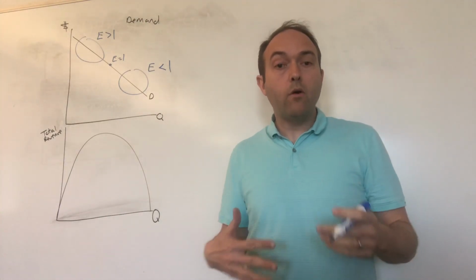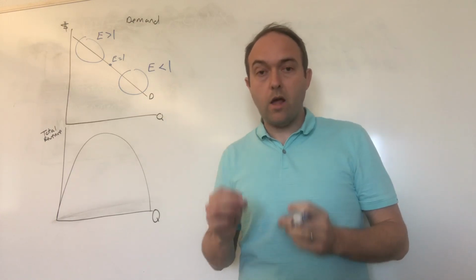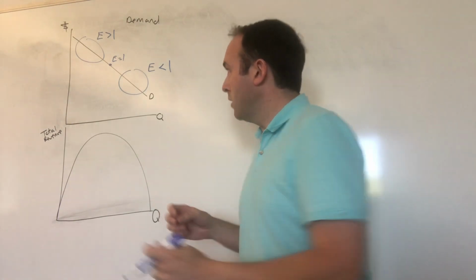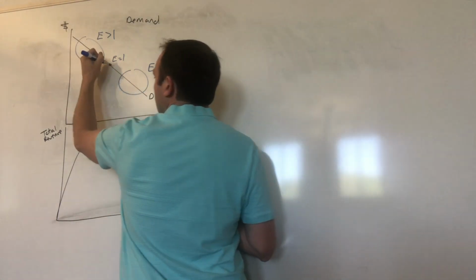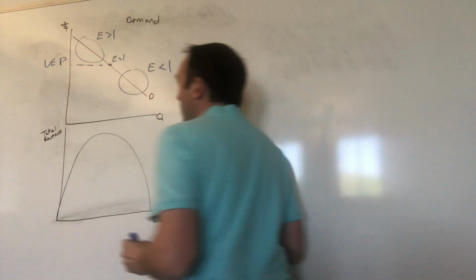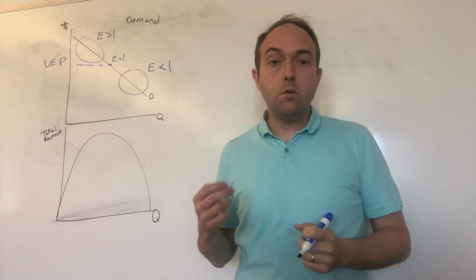So here's how a business would use that. If a business can identify the point on that demand function where E equals 1, you get two values. First, you get a unit elastic price, what I just labeled UEP.